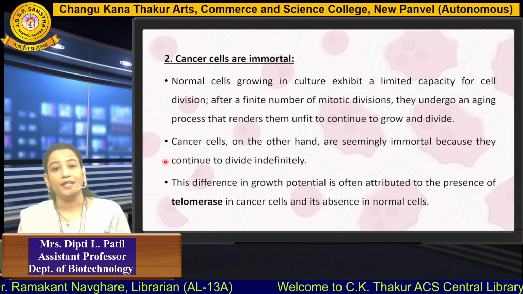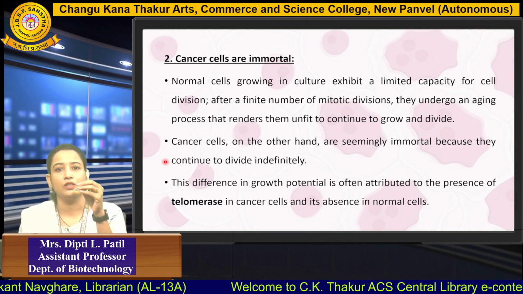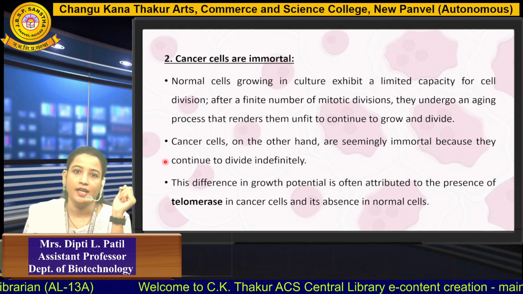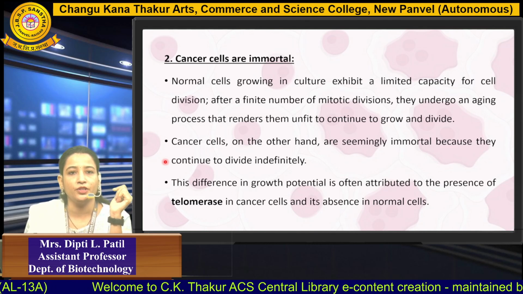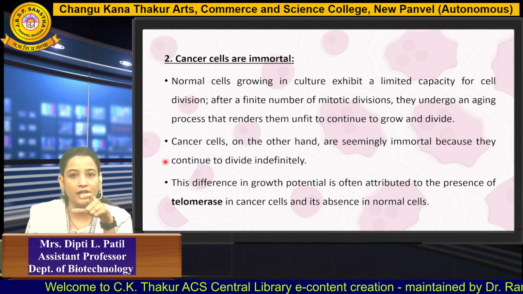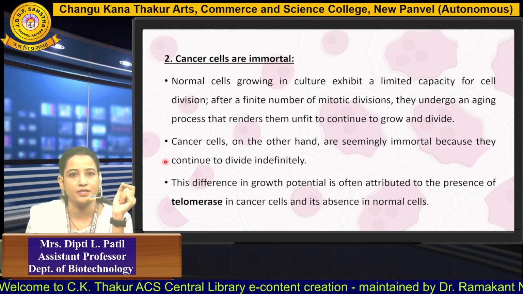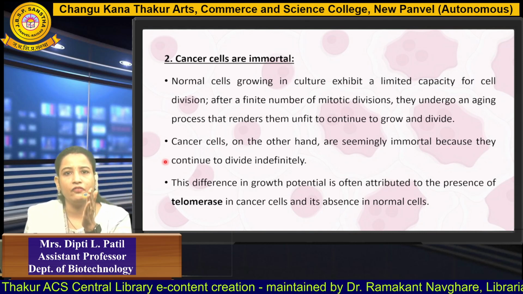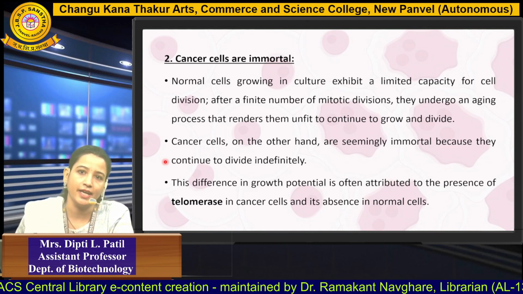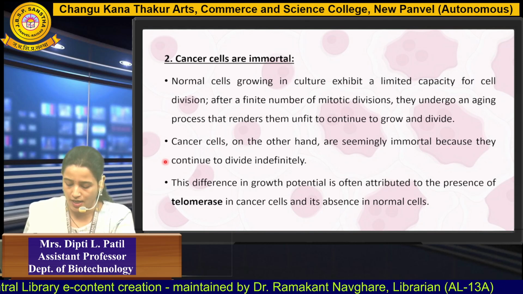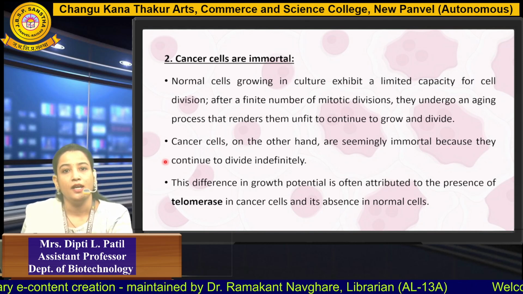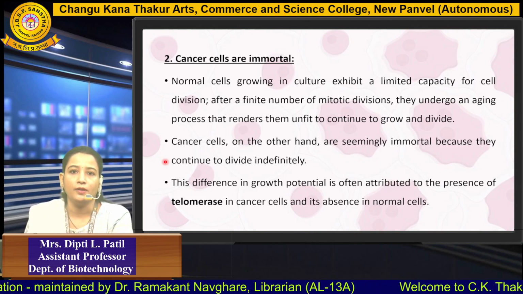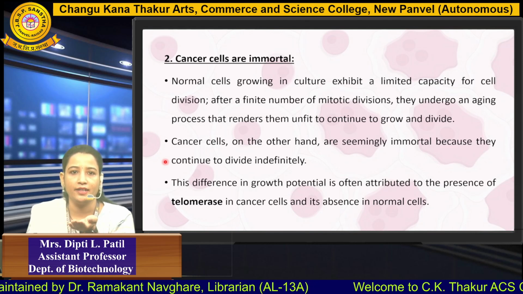Immortal means what? Cancer cells continuously divide indefinitely. When we talk about normal cells grown in culture, they exhibit a limited capacity for cell division. It means that after a certain finite number of mitotic divisions, they undergo an aging process, and this aging process renders the normal cell unfit to continue to divide and grow.